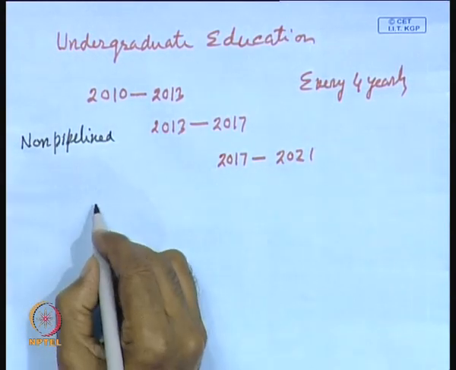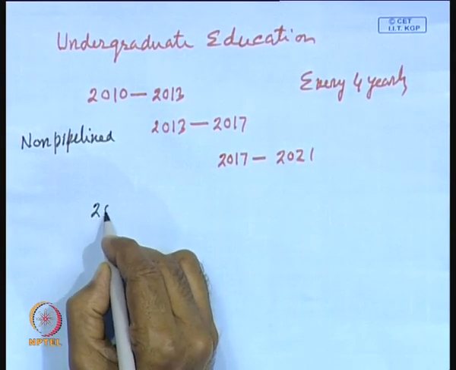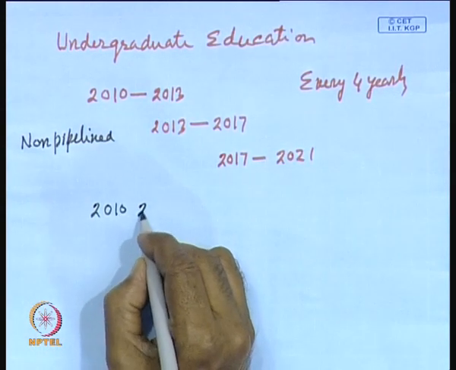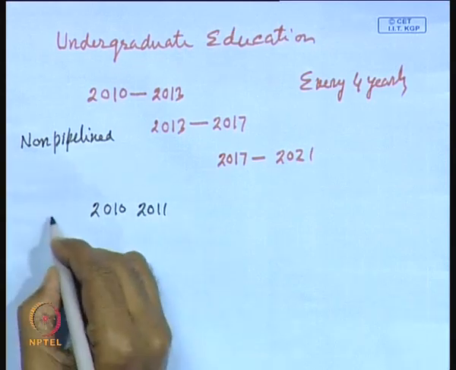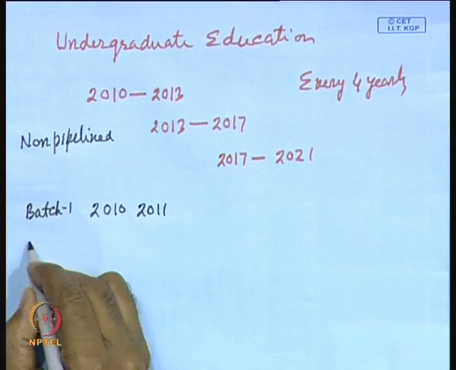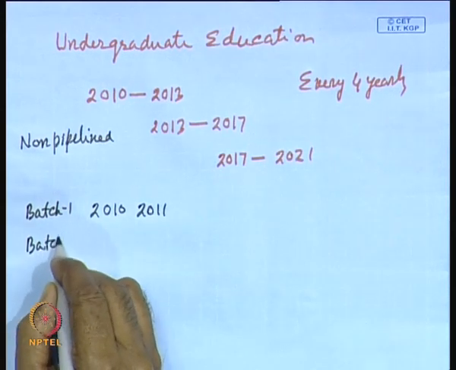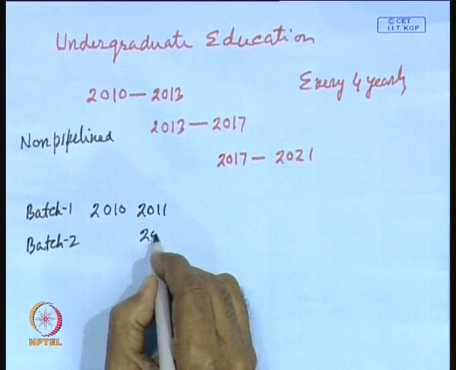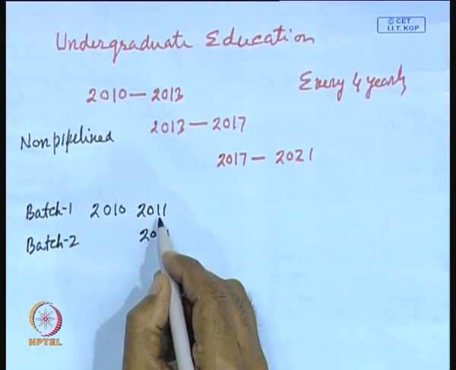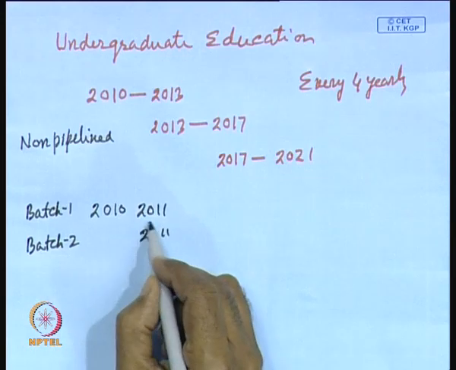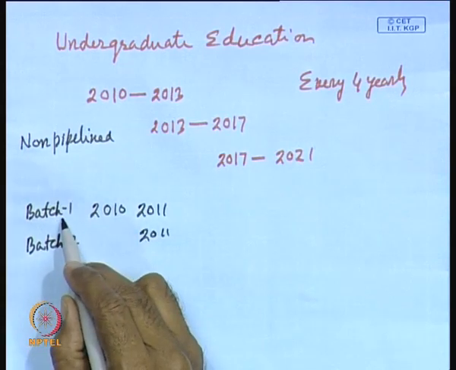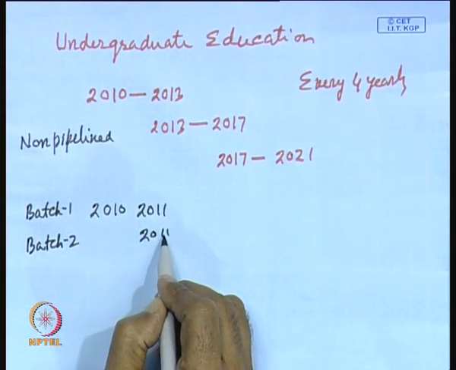Now, let us say in 2010 we admit the first batch, batch 1, and as they go to the second year in 2011, we admit another batch, batch 2. So the first batch is in the second year and the second batch is in the first year.